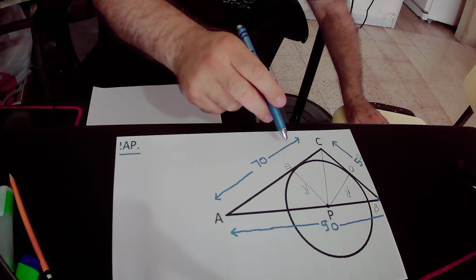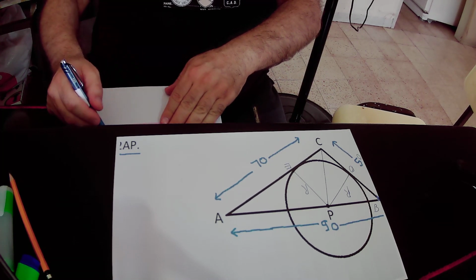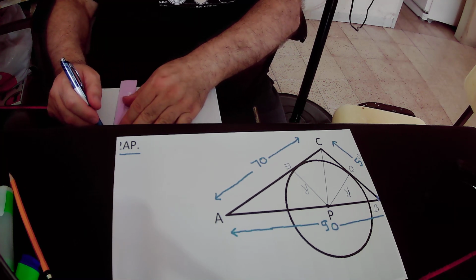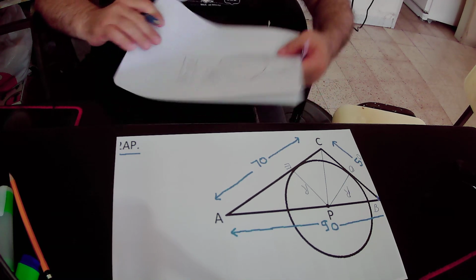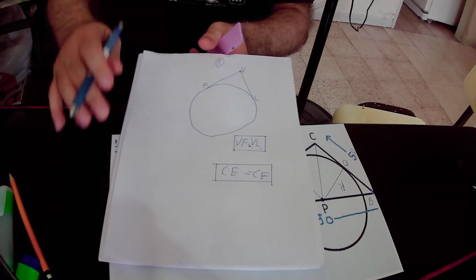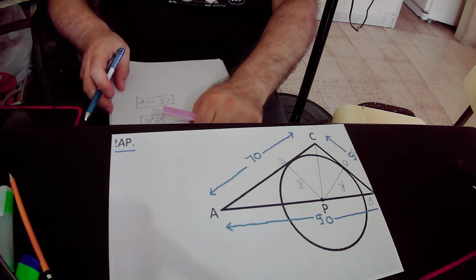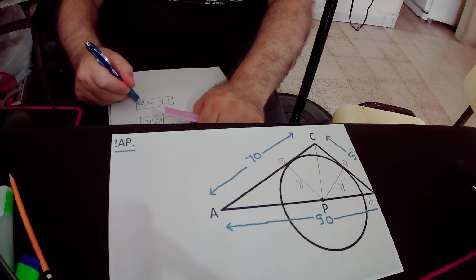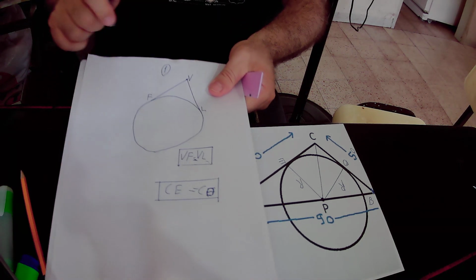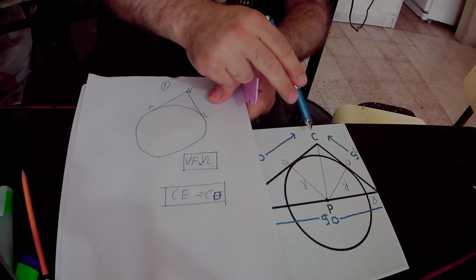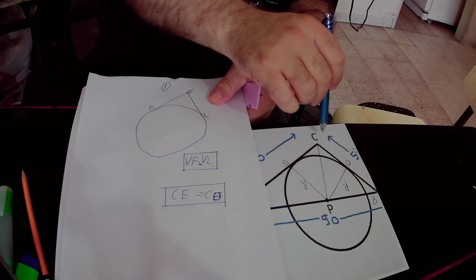For that reason, CE equals CO. Okay, CE, that's a tangent, equals CO, this tangent to the circle.